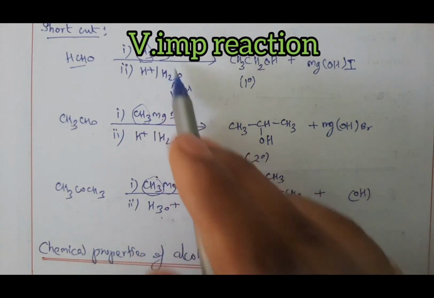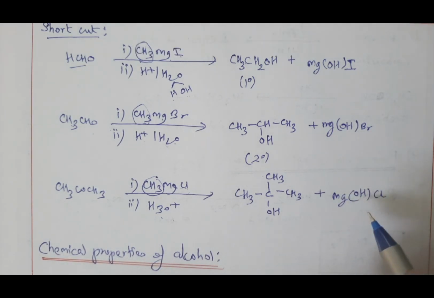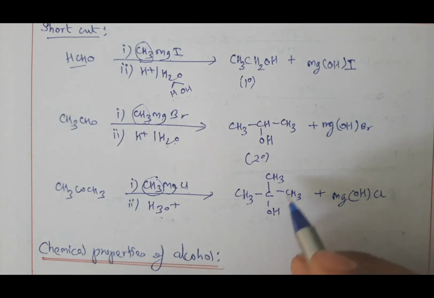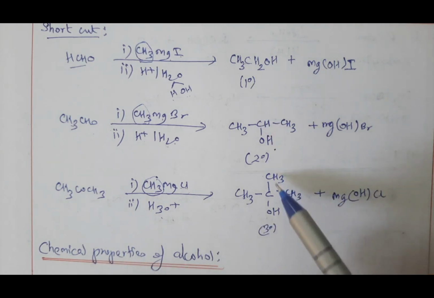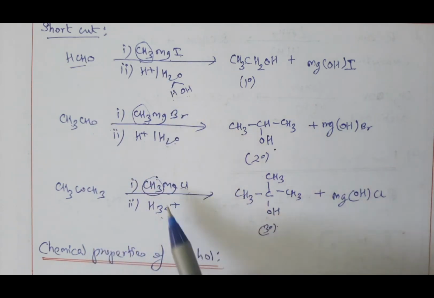That will go with MgCl this time to form magnesium hydroxy chloride. And this compound is called T-butyl alcohol or 2-methylpropanol-2, and since OH is linked with a tertiary carbon, it is tertiary alcohol. So we can prepare primary, secondary, tertiary alcohol from Grignard reagent by reacting with aldehyde or ketone followed by acid hydrolysis. This is the shortcut of the previous reaction.